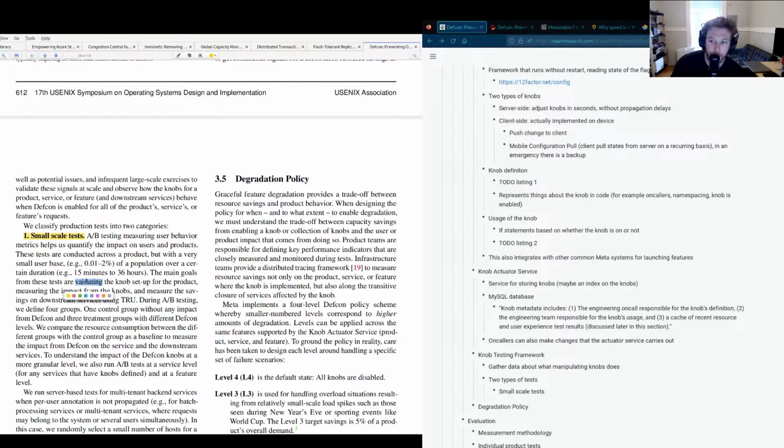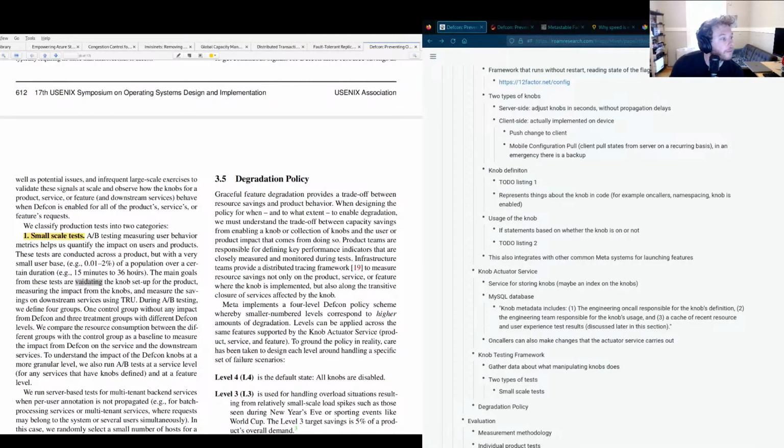Typo in the paper. Validating. Should I use a new color if I find typos in a paper? What's using TRU?